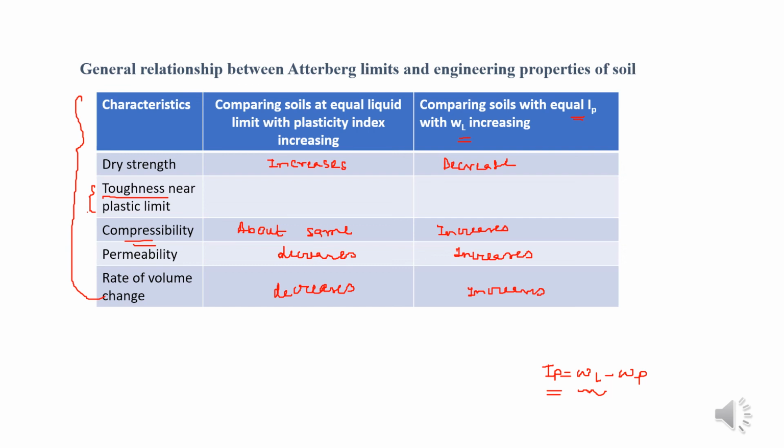We will also solve certain problems which will be helpful in getting a clearer picture of the Atterberg limits, the numerical values which we will use in classifying the soil and which will give us an idea about the engineering properties of the soil.